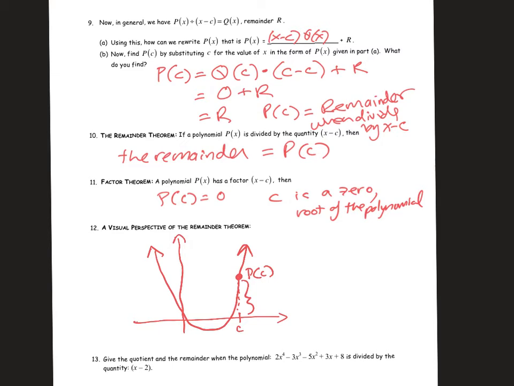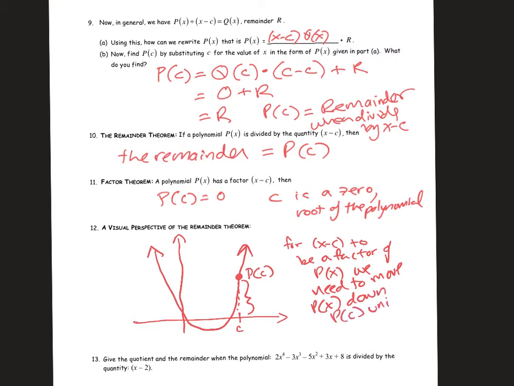How far off is my function from dividing in evenly? For x minus c to be a factor of p of x, we need to move p of x down p of c units. In this visual, we'd need to move it down that y-coordinate when x is c.